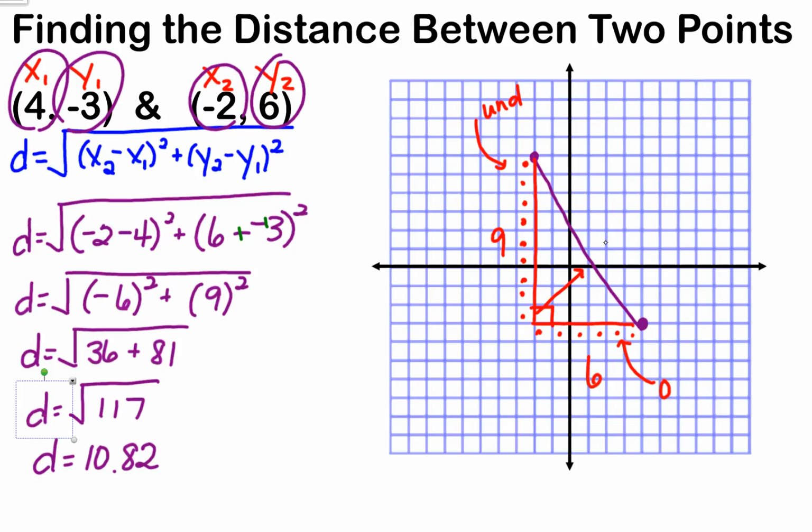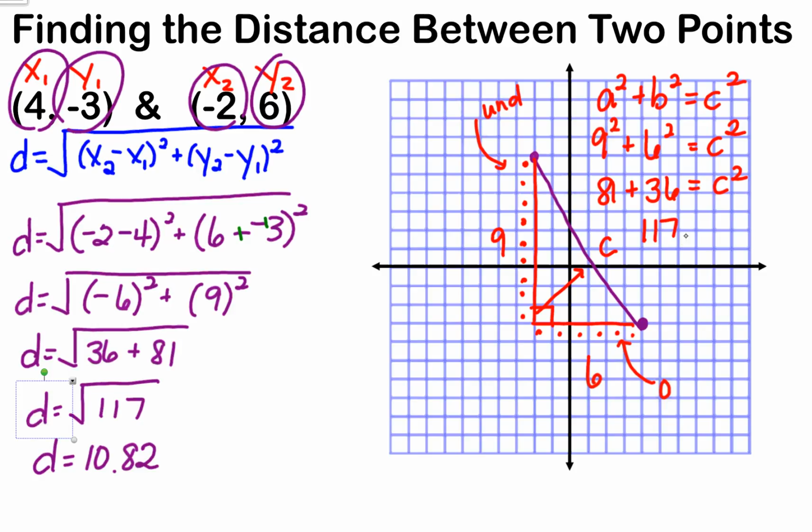So I know that the line segment that would be the hypotenuse is the line segment I'm trying to find the distance of. So now I'm going to use my Pythagorean theorem. a squared plus b squared equals c squared. 9 squared plus 6 squared equals c squared. I'll get 81 plus 36 equals c squared.